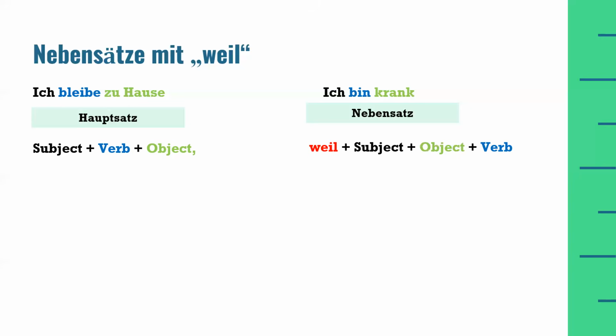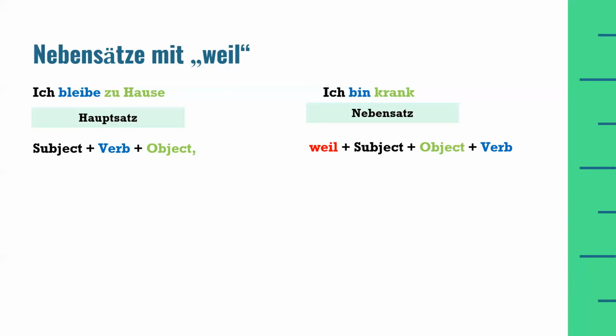And then comes the Nebensatz. The Nebensatz will always start with the conjunction weil. Then comes the subject. At third position, we have object, preposition, or adjective, and the verb will always come at the last position of the sentence.